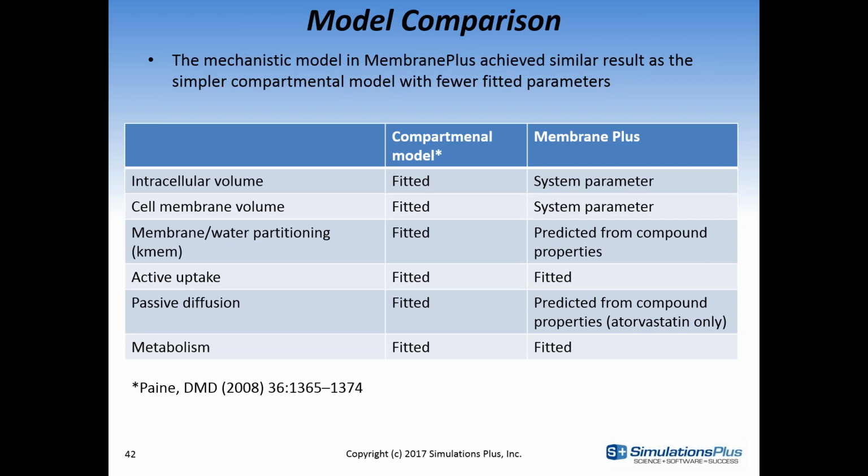For atorvastatin, we did have to fit the passive diffusion because our prediction from structure wasn't very good. But all in all, we had to fit essentially 2 parameters versus 6. That's the power of having a more mechanistic model. Also, the hope is that more mechanistic models have a better chance at extrapolating to different conditions.